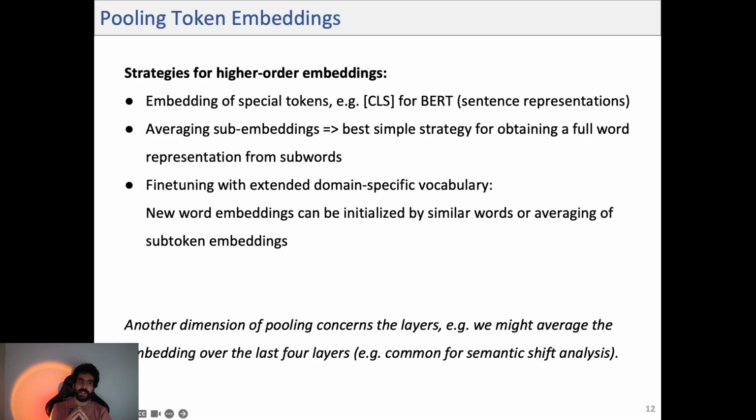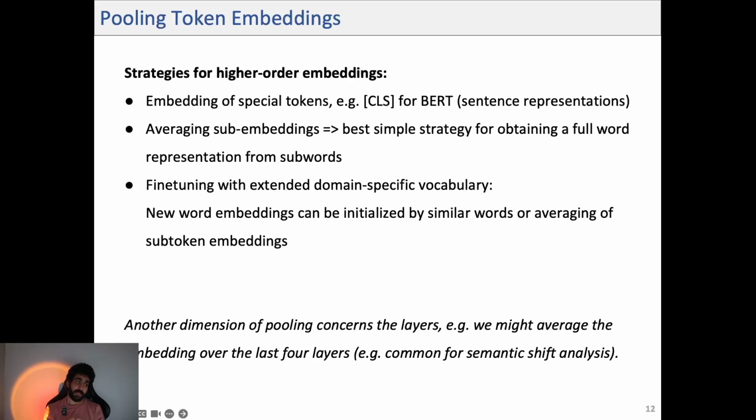It stands for classification, and it's designed to hold a summary of the whole sentence. Another common way is to average the subword embeddings. So if a word is broken into 3 pieces, we take the average of these 3 vectors to get one single vector for the full word.